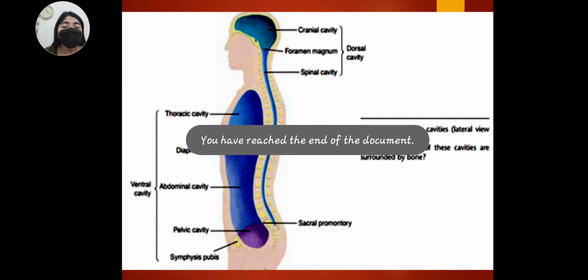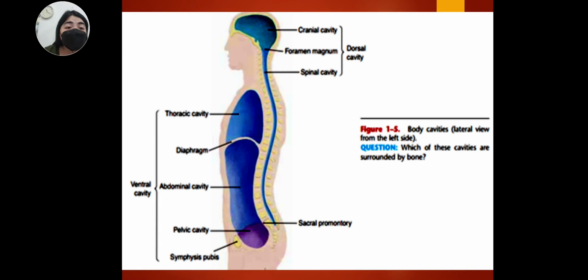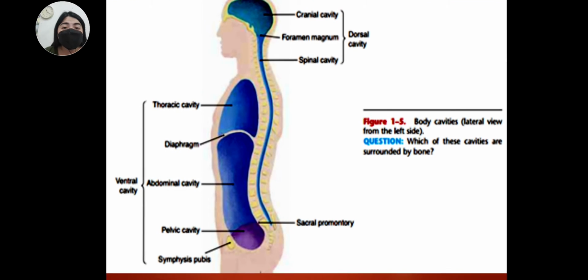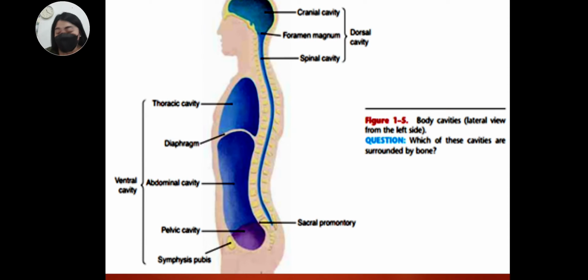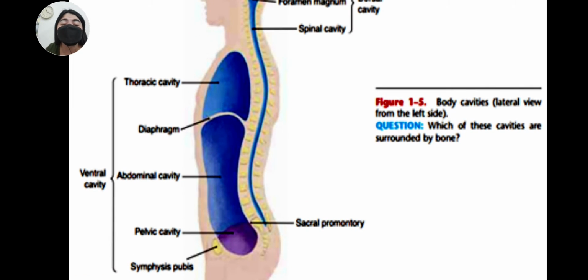Let's proceed to another illustration. We also have the body cavities in lateral view, or the left side. Here you can see the different parts of the cavity. For the dorsal cavity, the parts are the cranial cavity, foramen magnum, and spinal cavity. For the ventral cavity, we have the thoracic cavity, diaphragm, abdominal cavity, and pelvic cavity.